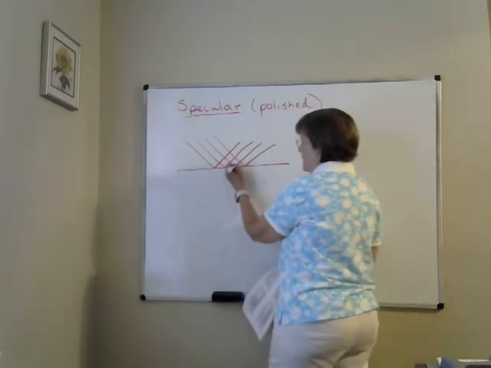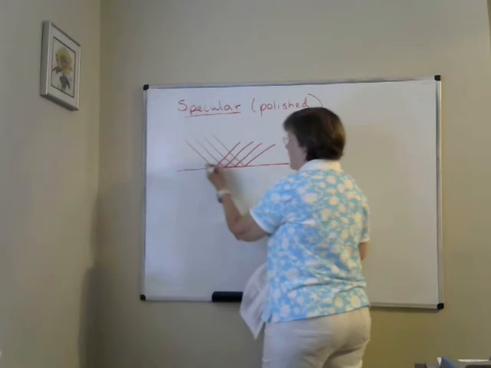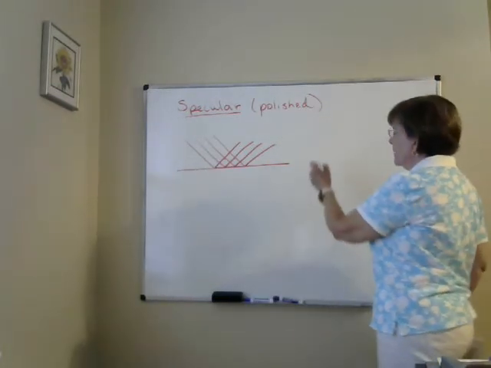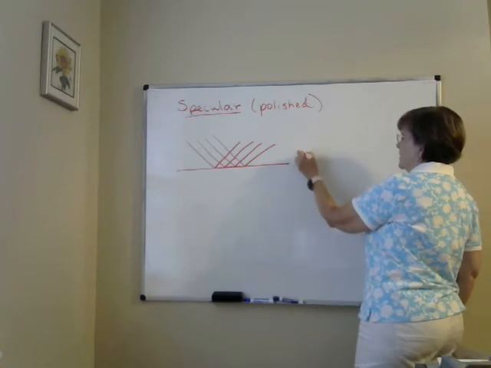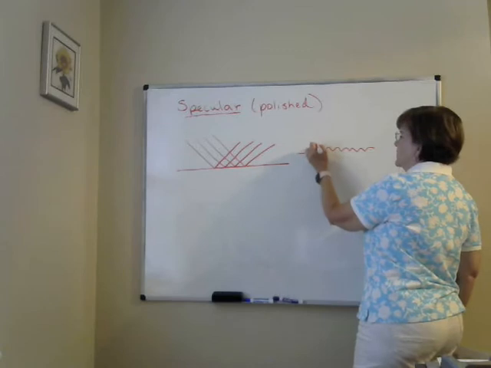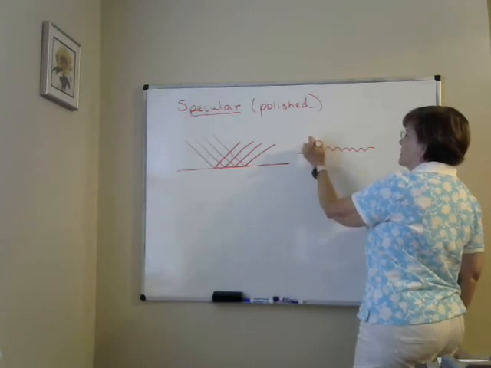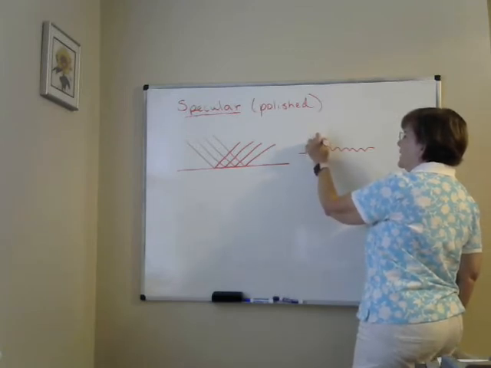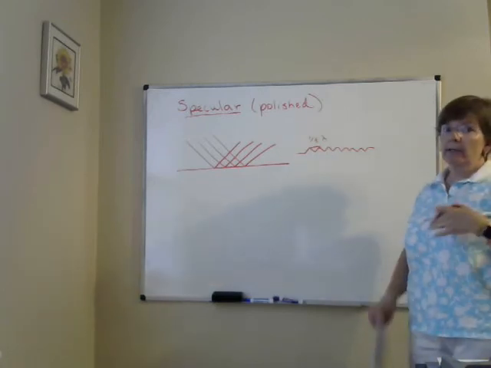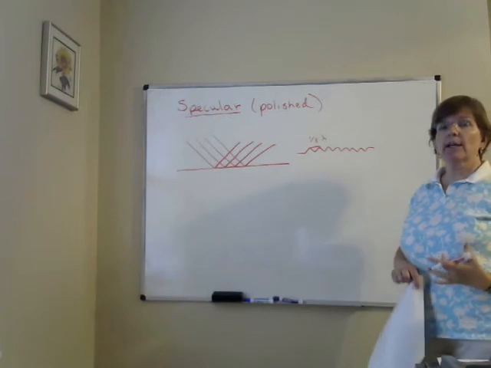Nothing really is. Well, the rule is something is polished if the rough bumps, let's exaggerate this again, here's our rough bumps, if these little bumps between here and here are smaller than 1/8 of the wavelength. Well, so in other words, it depends on what you're talking about.